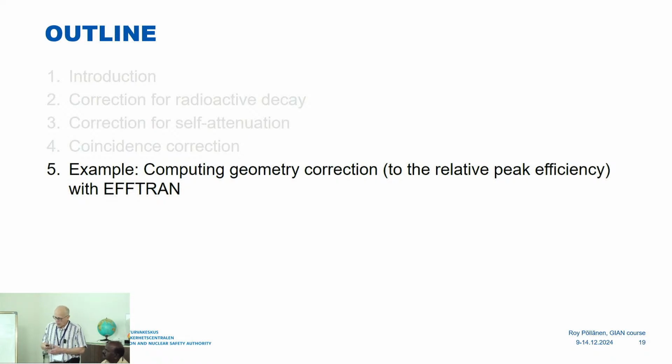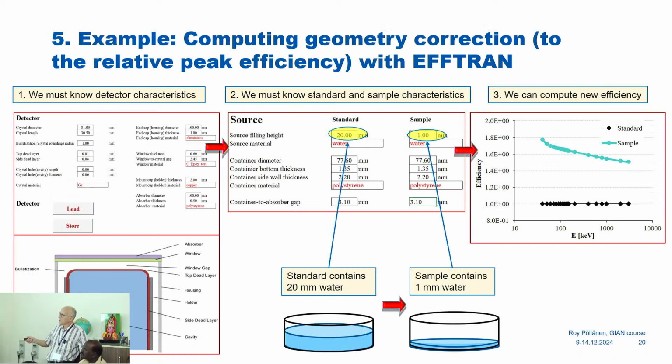Okay, I don't go any further into the corrections. There are some minor things that can be taken into account or not. This example I already showed you, yesterday or the day before.